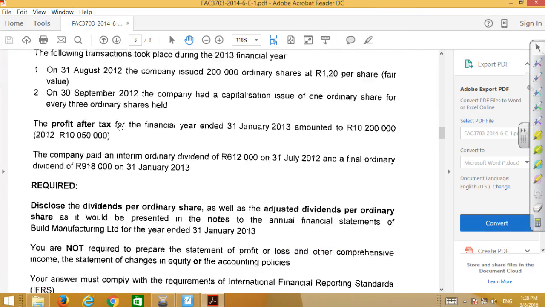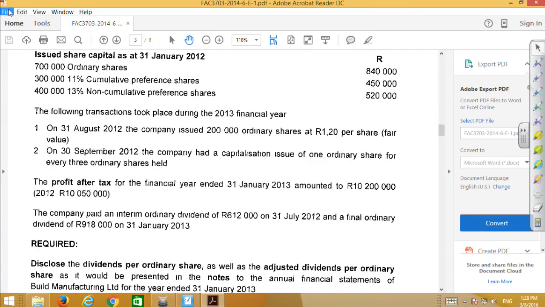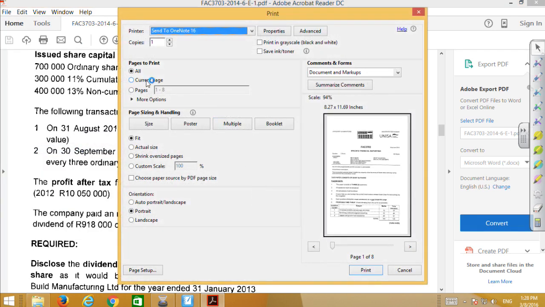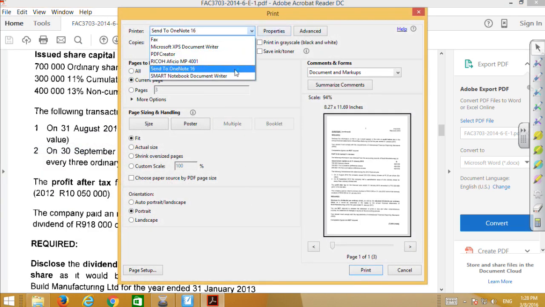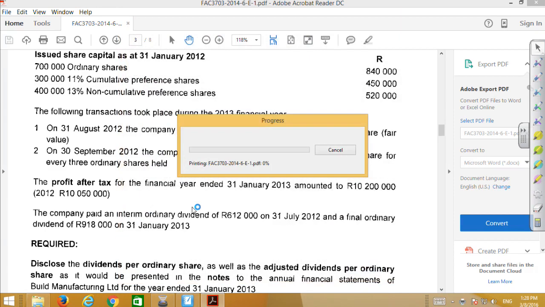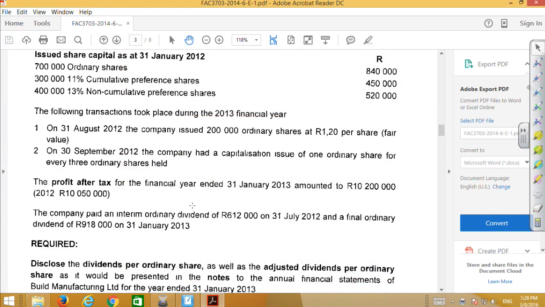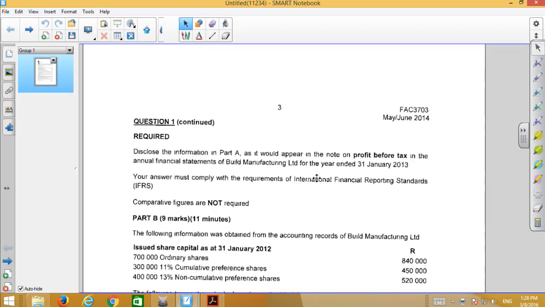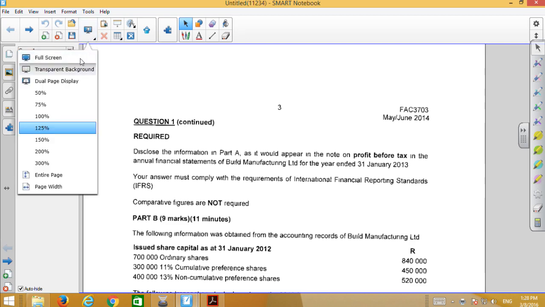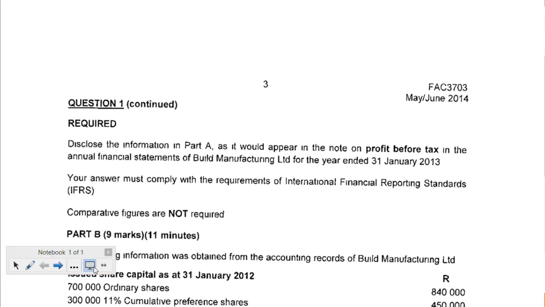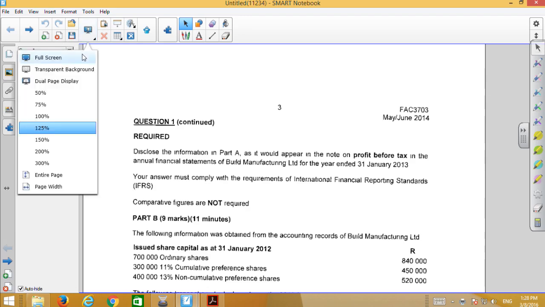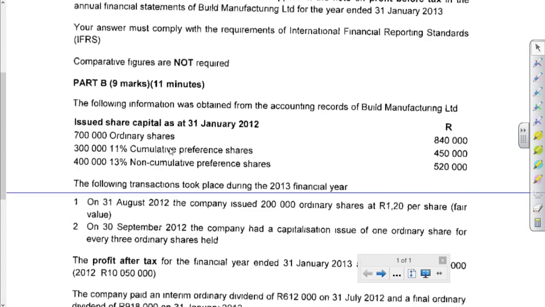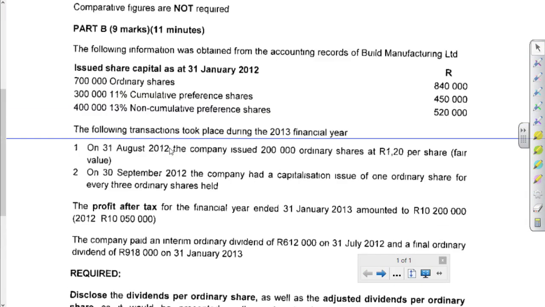Question 3. I'll print. Okay, so there it was.